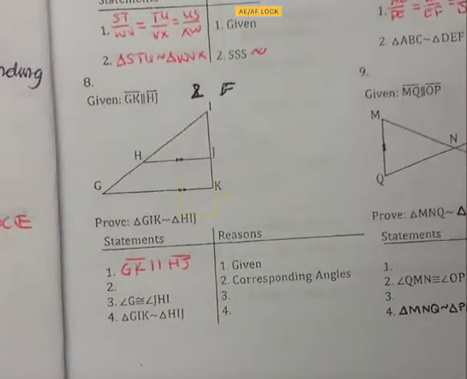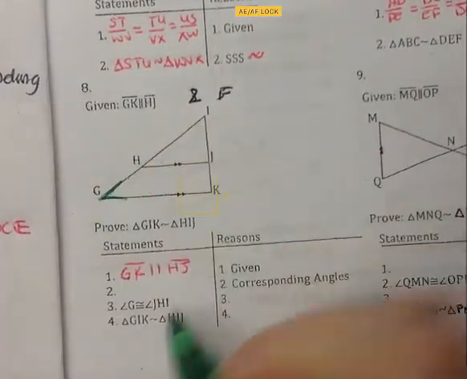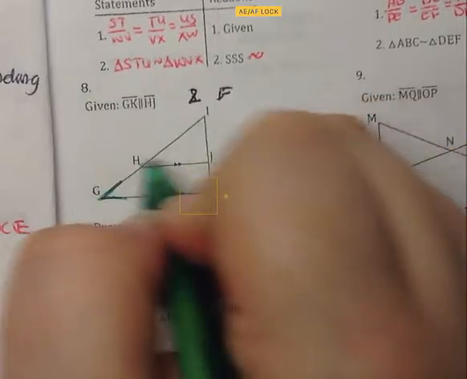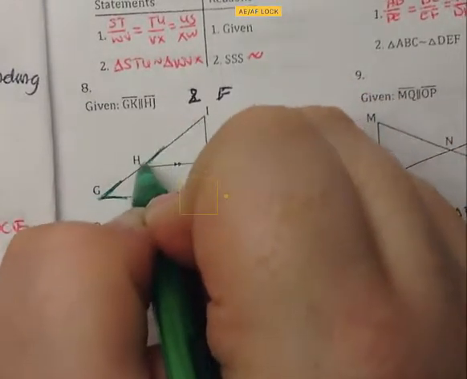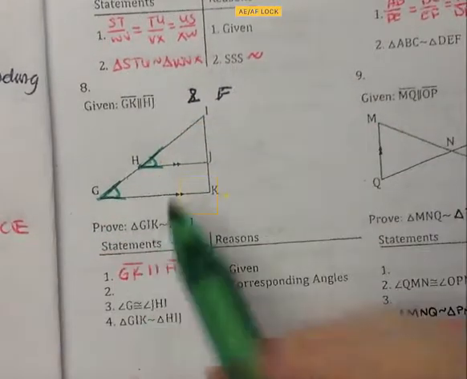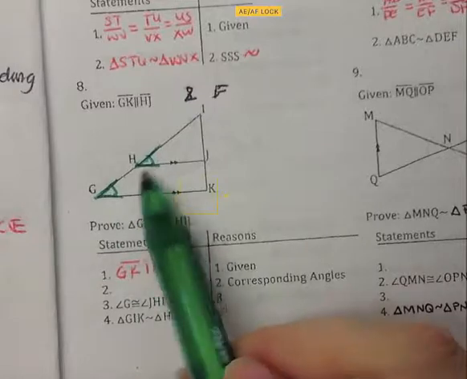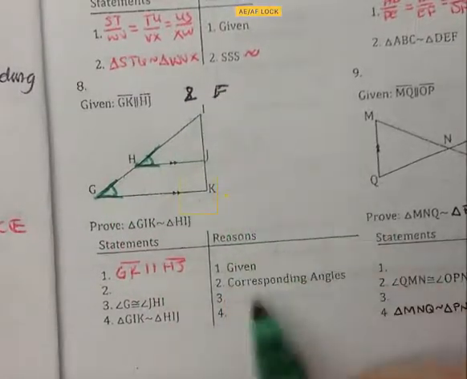So we have angle G is congruent to angle J to H to I. So these are marked congruent. These both touch a different parallel line. This is from the letter F. This is the corresponding angles.